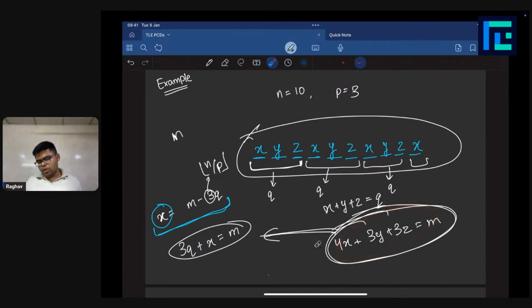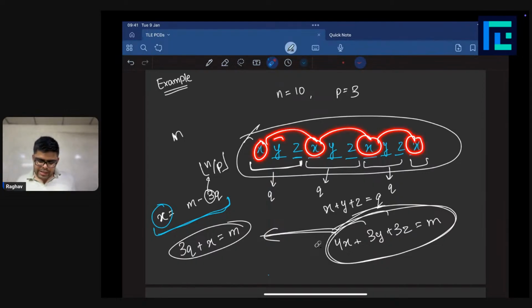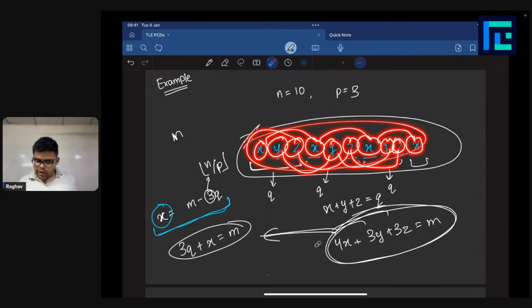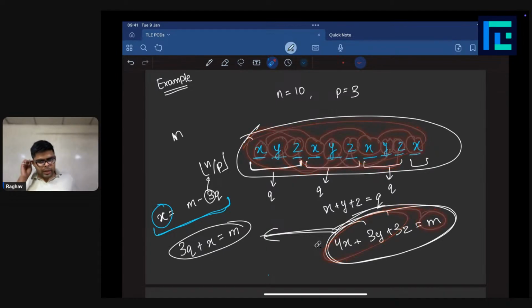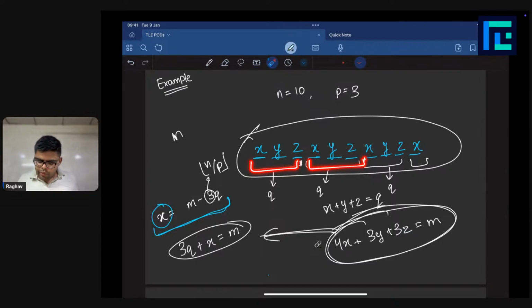For the sum of the whole array being equal to m, you can say it in two ways. Either you can say 4x plus 3y plus 3z. Now, we have covered all the elements in this way. The sum of all of these must be equal to m. Or you can say 3 full blocks of size p plus this one guy.